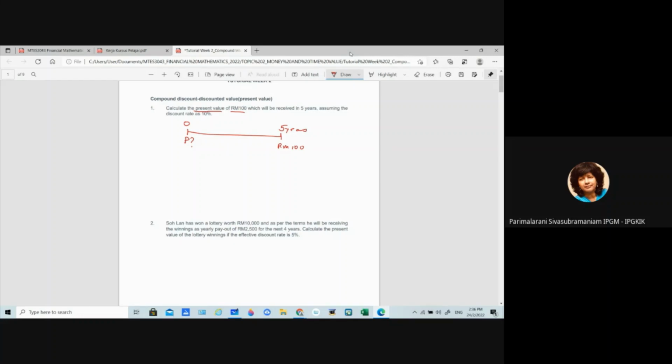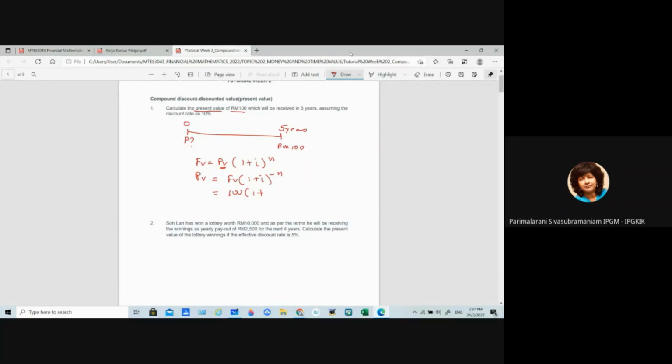From our formula, we know that future value is present value into 1 plus i to the power of n. Now we want to find present value. So present value is FV into 1 plus i to the power of negative n, okay? Now we just have to put in the values. Future value is 100 into 1 plus, our i is 10%, assuming the discount rate is 10%.